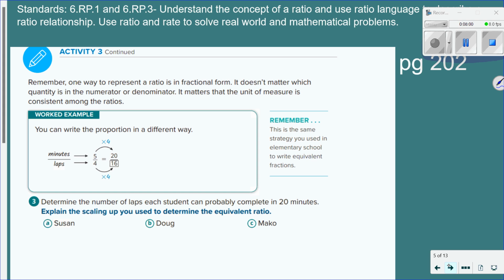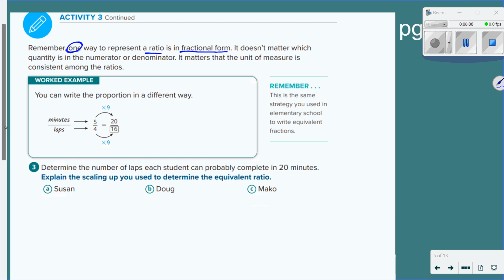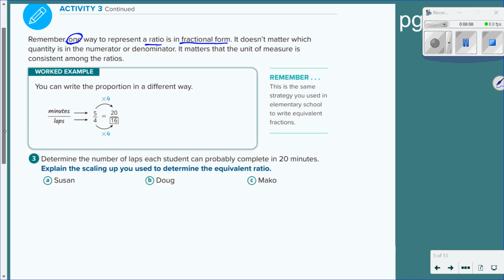One way to represent a ratio is in fractional form. It doesn't matter which quantity is in the numerator or denominator. It actually does matter because it's however it was written in English. Whatever's first should be first in my proportion as well. You can write the proportion in a different way. It is acceptable to put your labels into one fraction and then just use the numbers for the proportional piece.